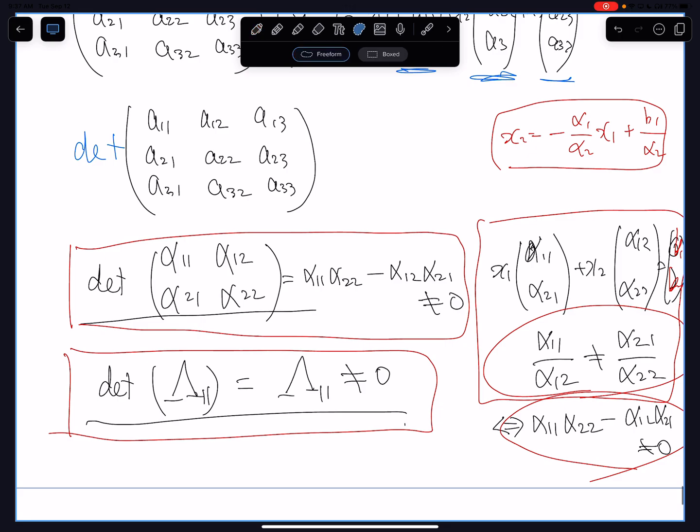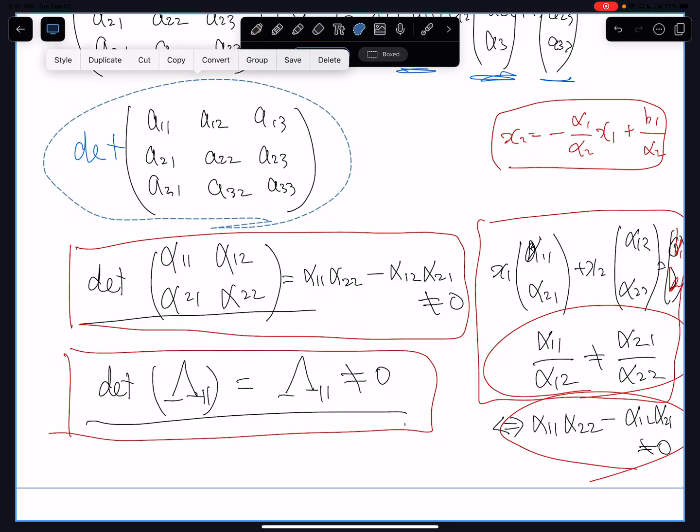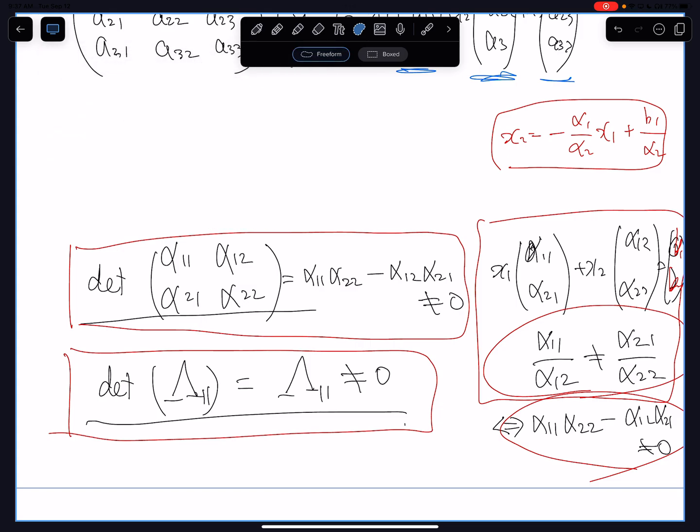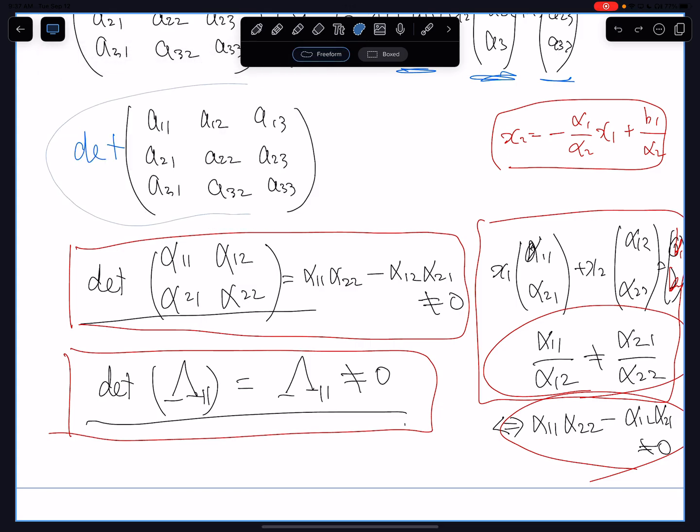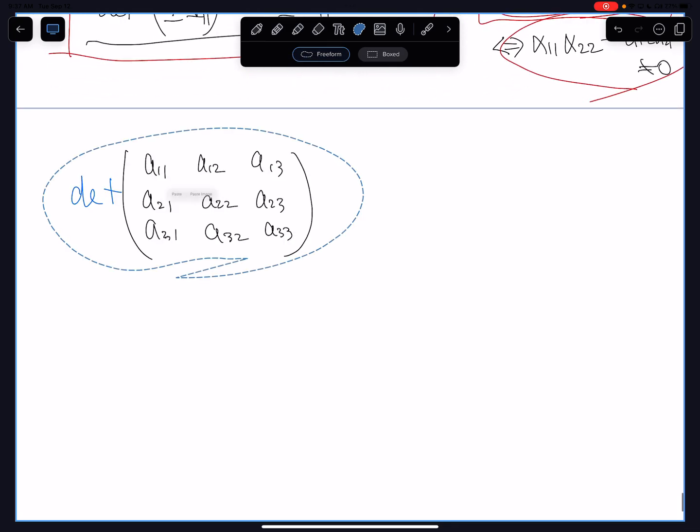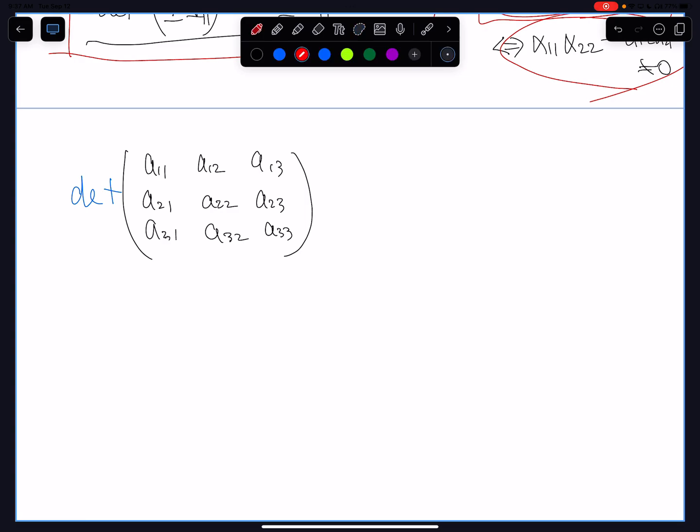So what's the definition of the determinant for three dimensions? First of all, I'm going to take a look at A11 and look at the matrix here.